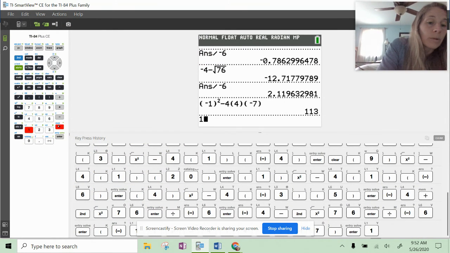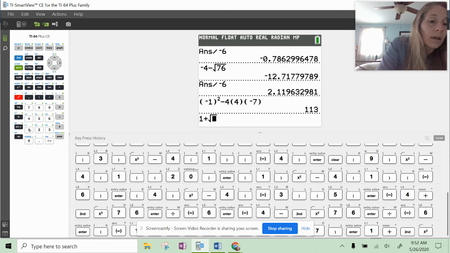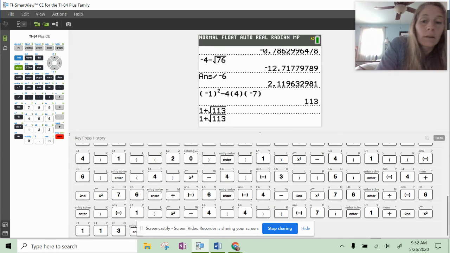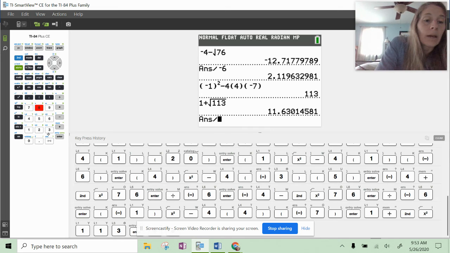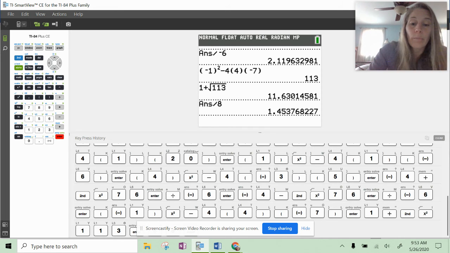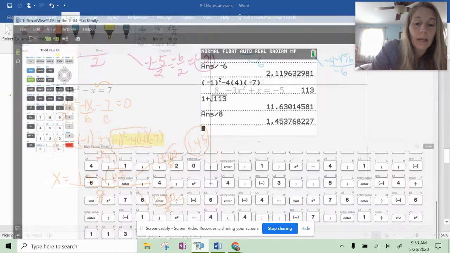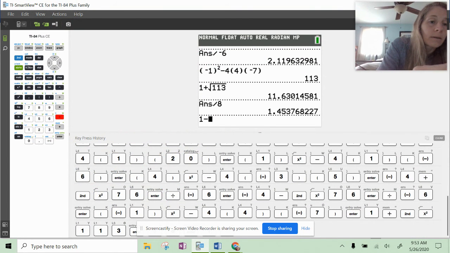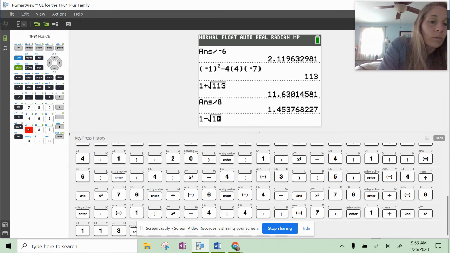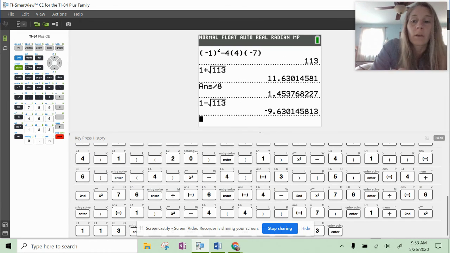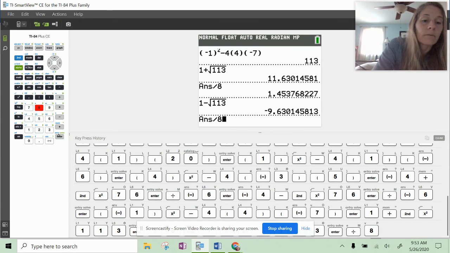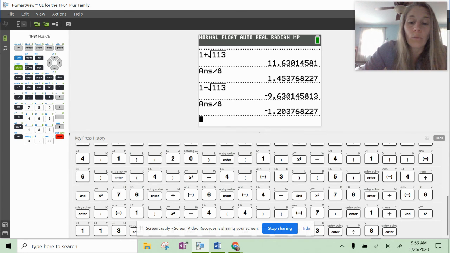So 1 plus the square root of 113, divide that by 8, we get 1.45. And now we're going to do 1 minus the square root of 113 and divide that by 8. And that's negative 1.2.